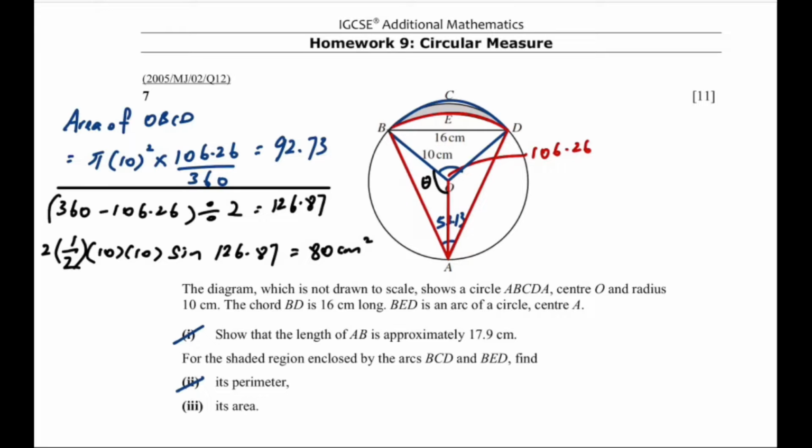Okay, now I'm trying to figure out the red color sector with center A. Okay, red color sector, degrees also. So pi r square times 53.13 over 360.